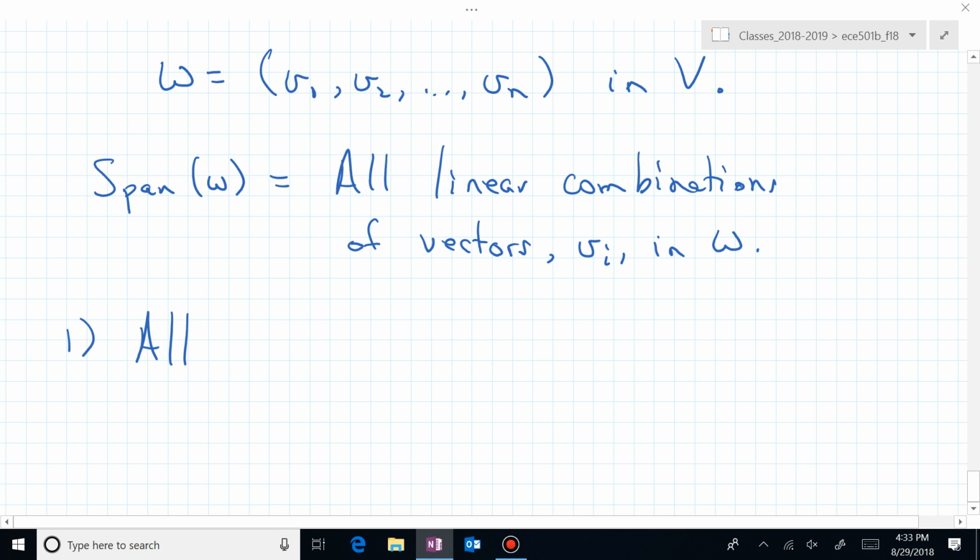So first we need to show that it's actually a subset of V. And then if it is, then it just has to have these three properties. So we'll first show that it's a subset.